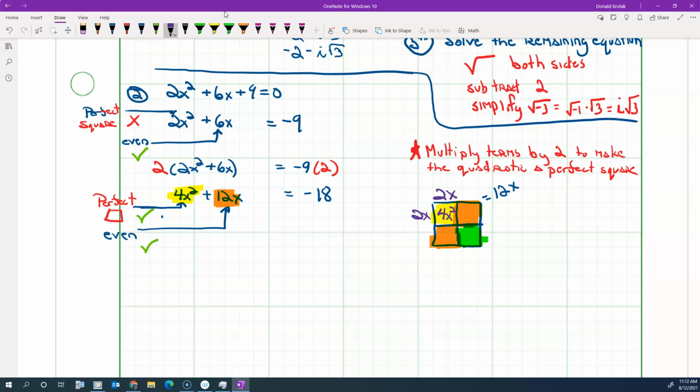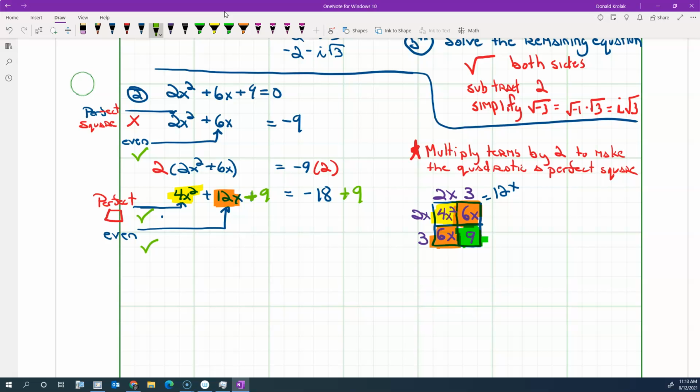What's going to be my orange boxes? 6x, 6x. So this is going to be a 3 and a 3, and that's a 9. Now I know it seems like a lot, but this is so much easier than the way that I learned. So I'm going to add 9, add 9.